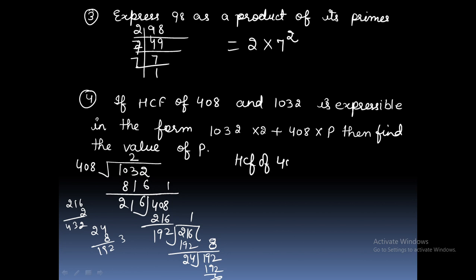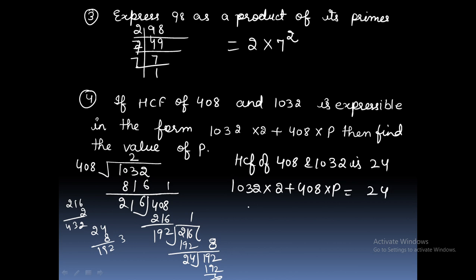The HCF of 408 and 1032 is 24. We have to write this value equal to this expression. The statement is 1032 multiplied by 2 plus 408 multiplied by P is equal to 24. Now here you have to multiply these two values. 2064 plus 408P is equal to 24. 408P is equal to 24 minus 2064.